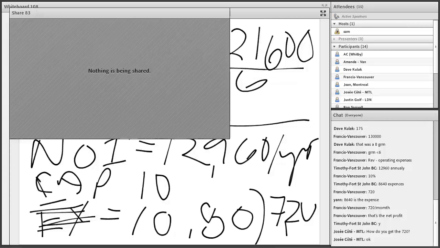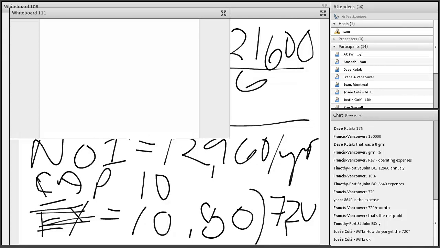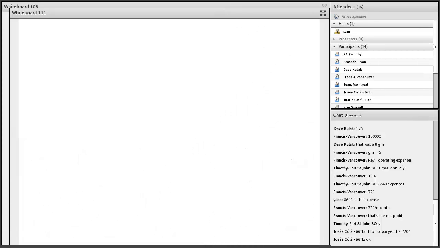We'll do it again. Okay, we'll do it with a different number. Let's say that we come across a property and the gross rents are $4,400.